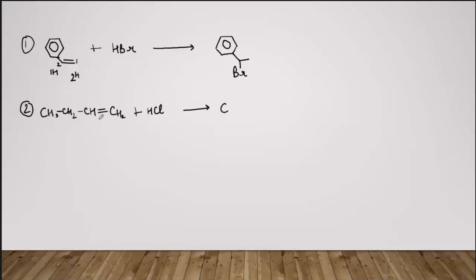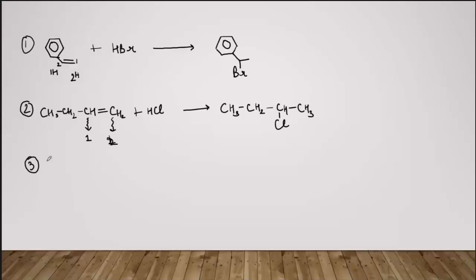So again, when we are counting, this carbon will have one hydrogen and this carbon has two hydrogens. Fine. So again, the compound will look like, Cl will be here and here it will be CH2. Okay.